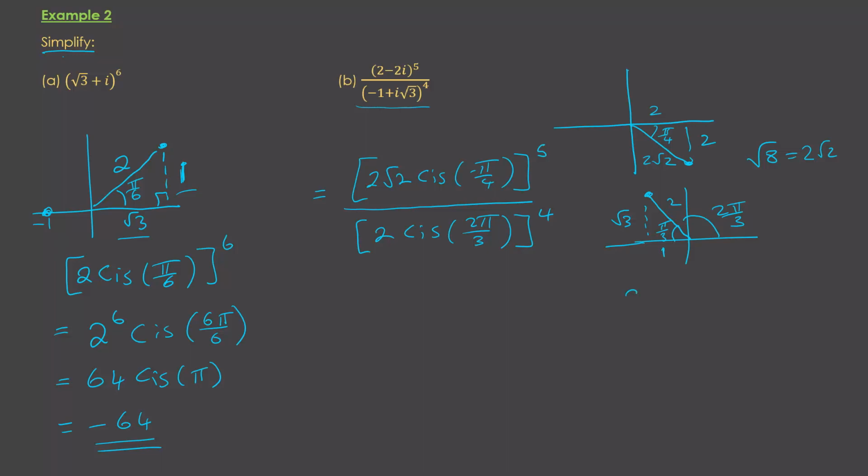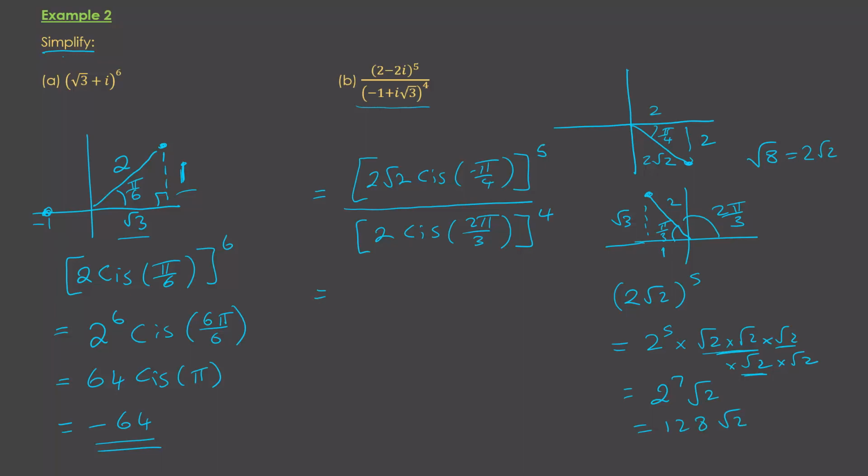Now, let's think about 2 root 2 being to the power 5. Well, that's 2 to the power 5. And then root 2 to the power 5 is root 2 times root 2 times root 2 times root 2 times root 2. And of course, those will pair up to give us extra 2's. So that is 2 to the 7 root 2, or 128 root 2.